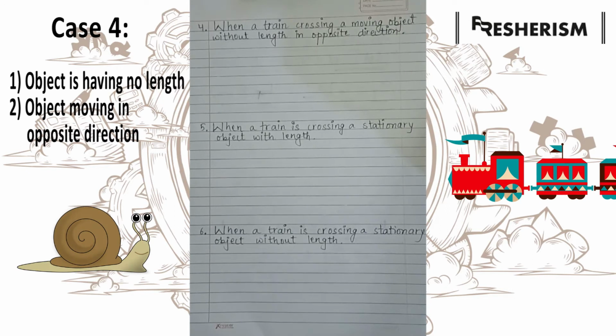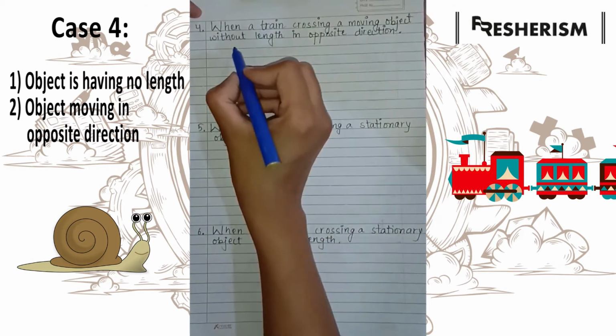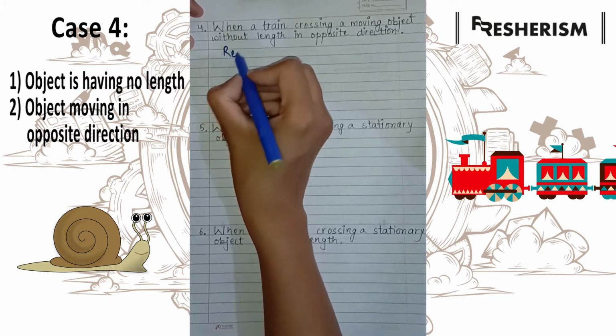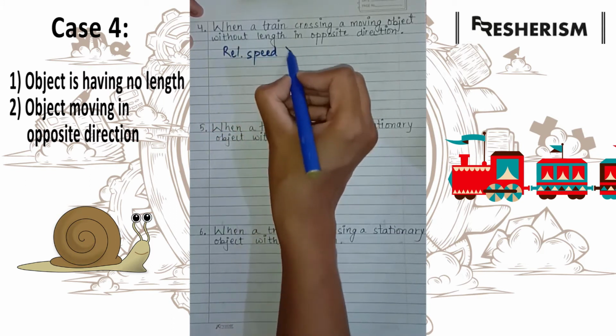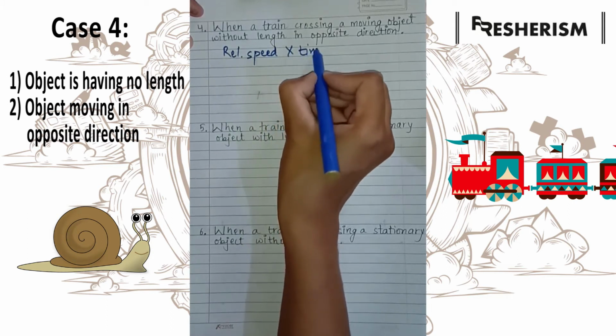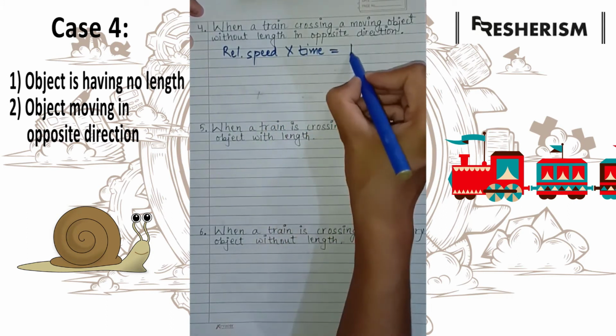Our fourth condition is when a train is crossing a moving object without length in opposite direction. That is, the object is moving but it does not have any length and it is moving in opposite direction as that of the train. So the basic formula would always remain the same, and it is relative speed multiplied by time is equals to distance.